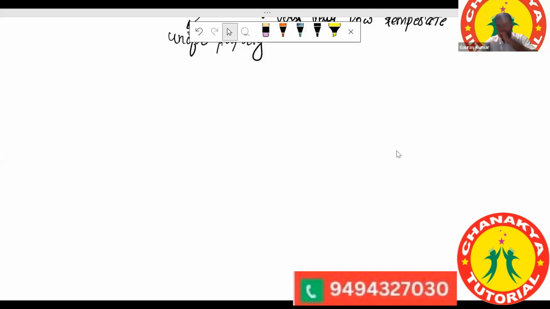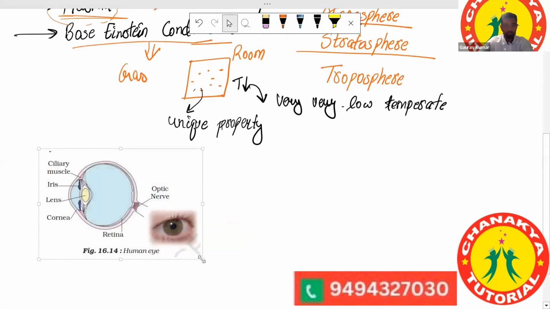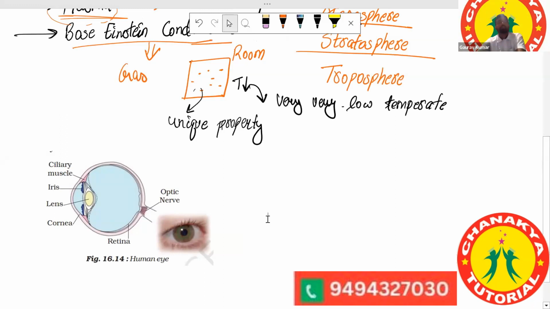You have prepared the different parts of the eye. So let me show it again and let me explain the different functions of these. You can see this picture in NCERT also.